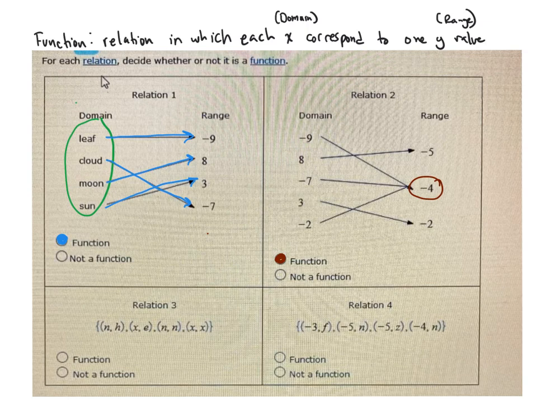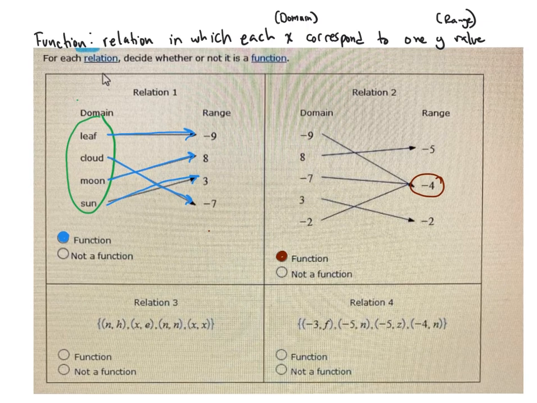So these bottom ones are basically just ordered pairs as well. I could actually write them as kind of a map like you see up there. So if I wanted to do that, I can see that N goes to H and X goes to E. But then it says N also goes to a letter N and X also goes to a letter X. Now this one is definitely not a function because, as you see, there are two of the values in the domain, two of the first coordinates, that go to different y values.